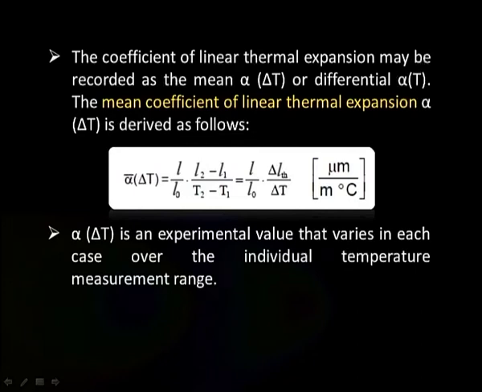Alpha delta T is an experimental value that varies in each case over the individual temperature measurement range.